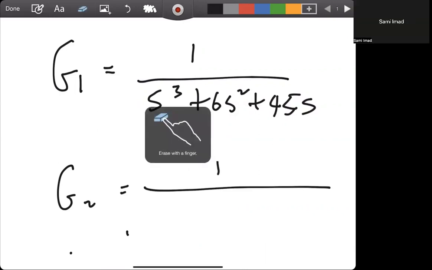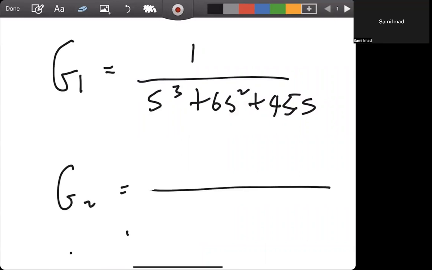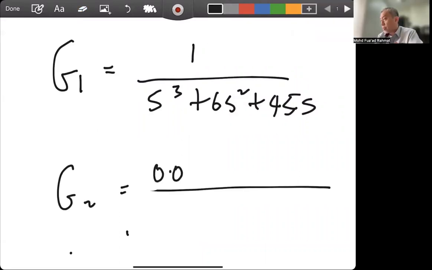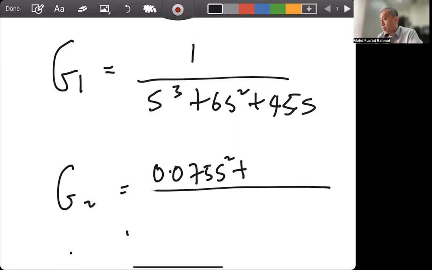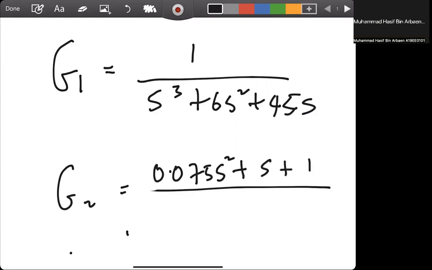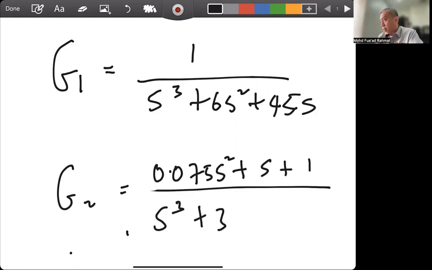Yes, sir. G2 is 0.7 plus S plus 1, then S cubic plus 3S squared plus 5S. So two different transfer functions, G1 and G2, the open loop transfer functions.